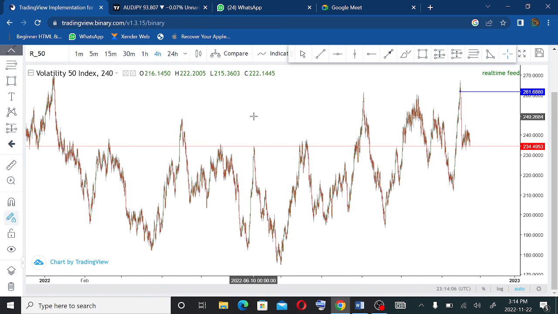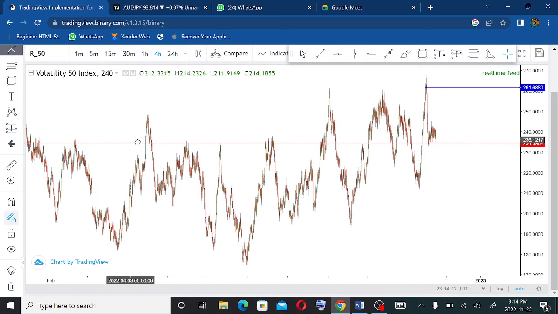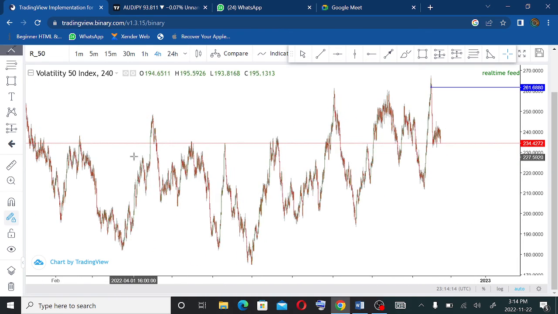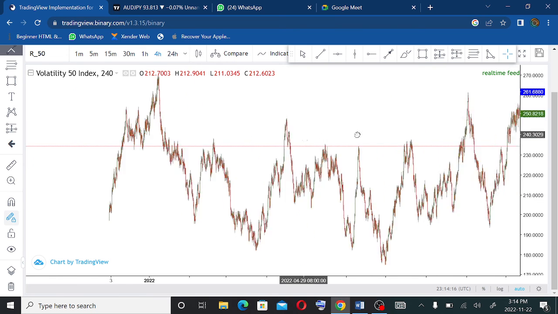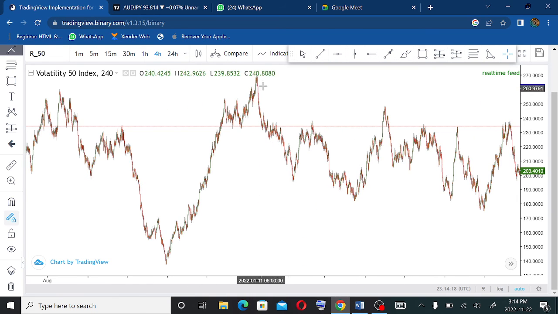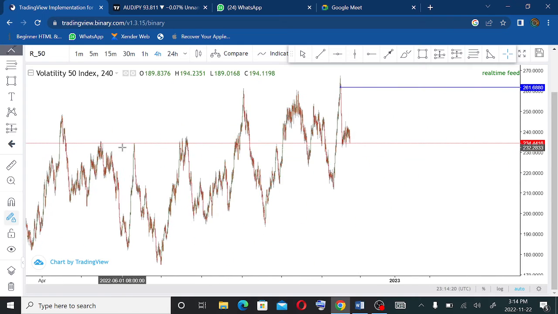Now on this lower time frame, what picture can we get out of it? I know clearly well that there's an internal mitigation here that the market respected, but that's not what I want to talk about at the moment.